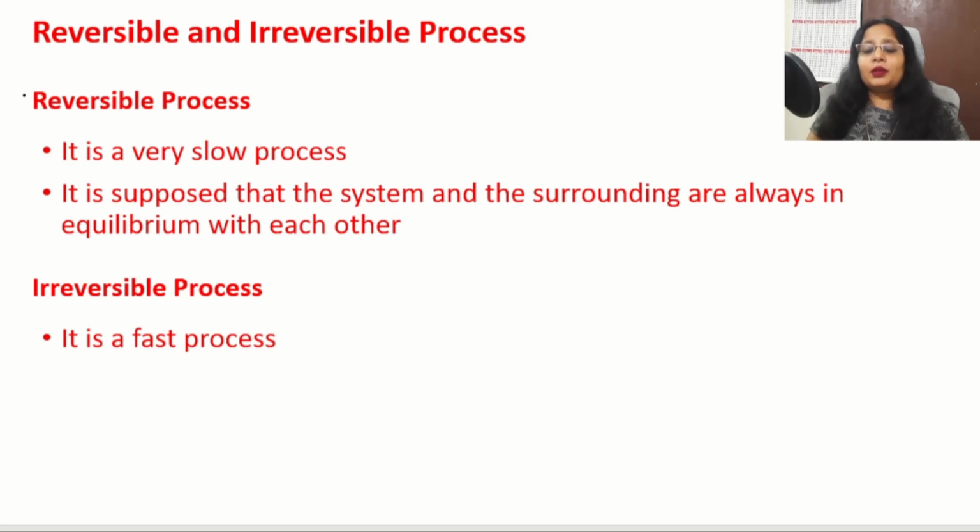Now, first we will come to the reversible process. Suppose when a process is occurring, at one time it is very fast, it starts and suddenly ends. And the other one starts very slowly, and it goes on and on, taking a very long time.